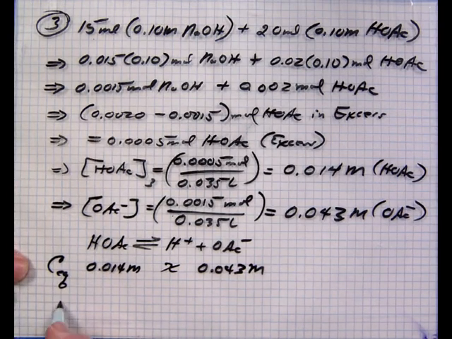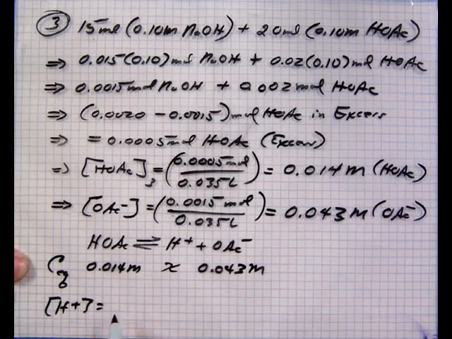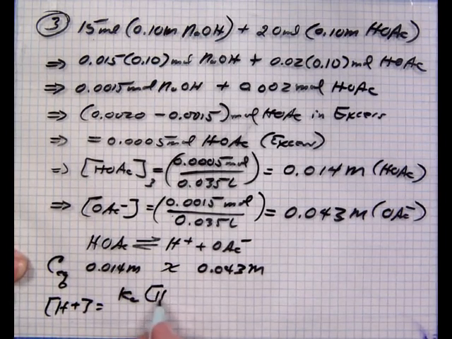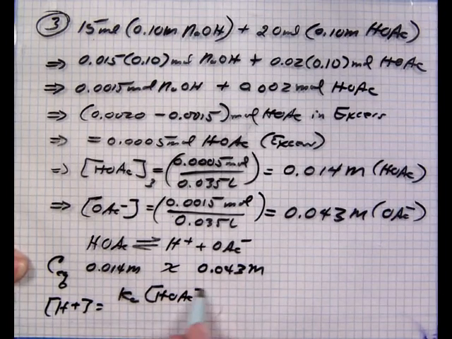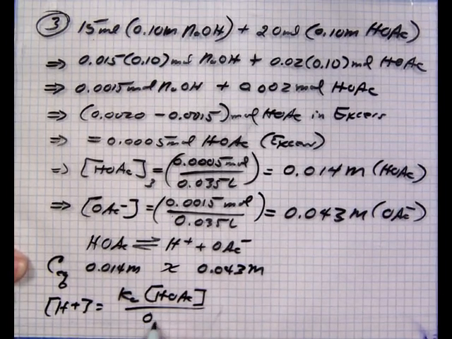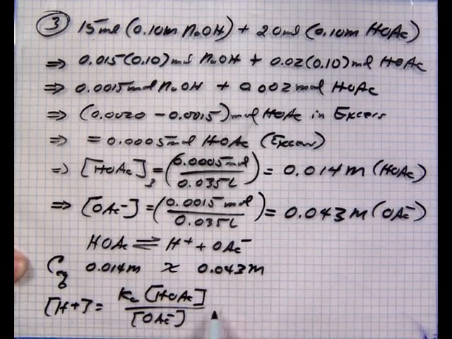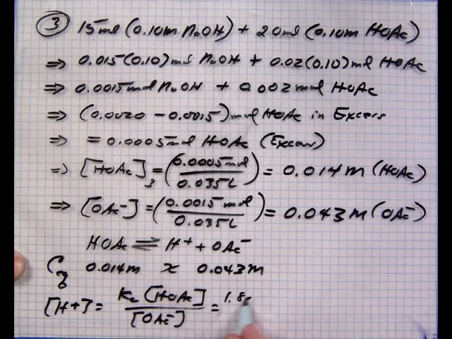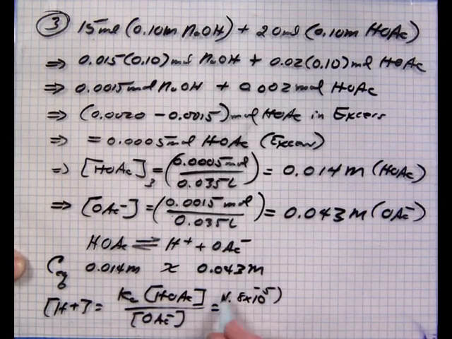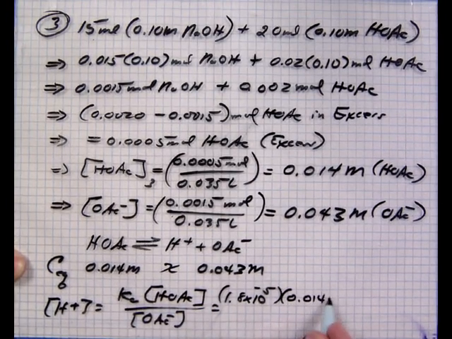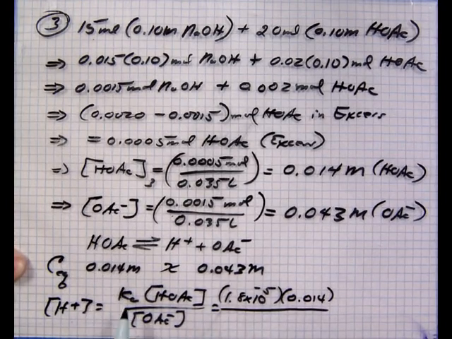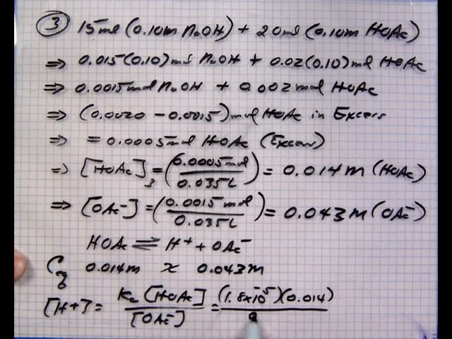So the hydronium ion concentration, of course, is Ka times HOAc divided by the acetate concentration, which is 1.8 times 10 to the minus 5, times HOAc concentration is 0.014 molar divided by 0.043 molar.